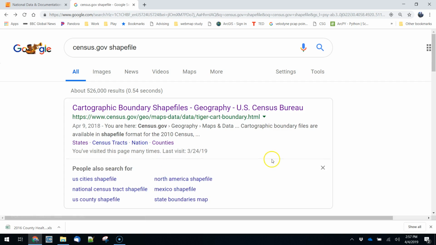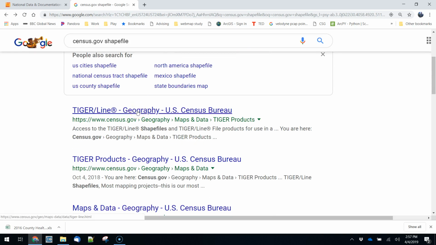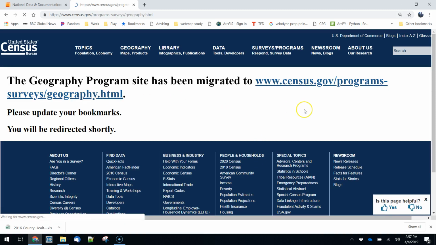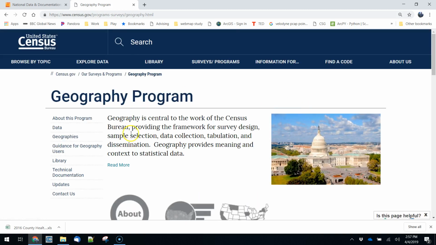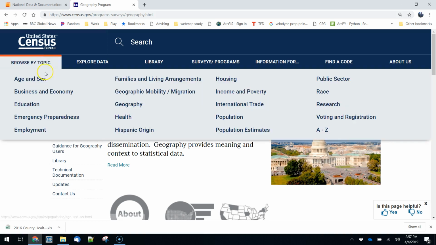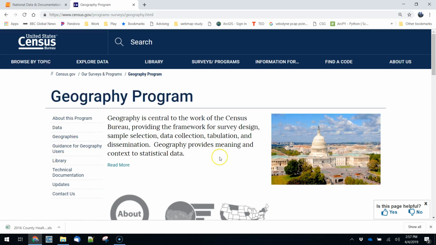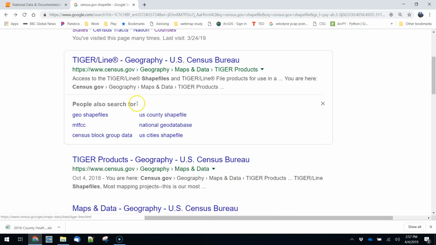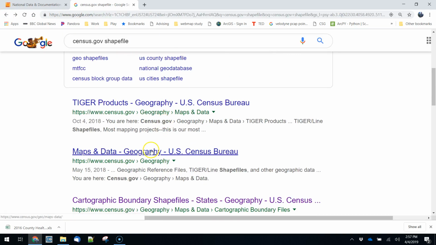go back to the TigerLine files. Oops, the census's website is kind of getting redone, so don't be too surprised if the URLs for this change a little bit. But if we dig around on here, we'll find, here we go.